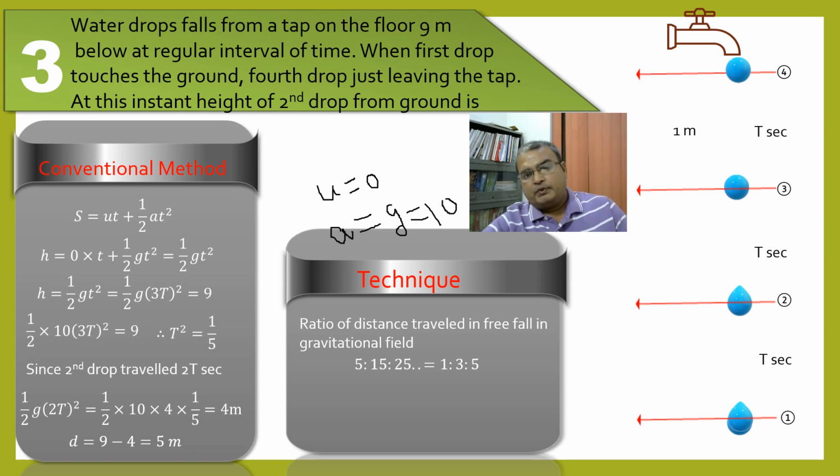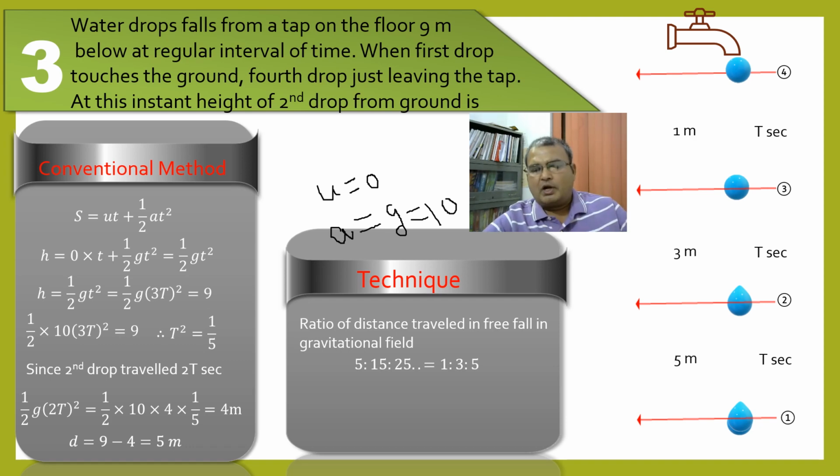Look, 5, 15 and 25 meter only traveled when the interval of time is 1 second. It may happen the interval of time between the two droplets is lesser than 1, then the distance is lesser, but ratio is always 1, 3 and 5. Just check it out in our problem.